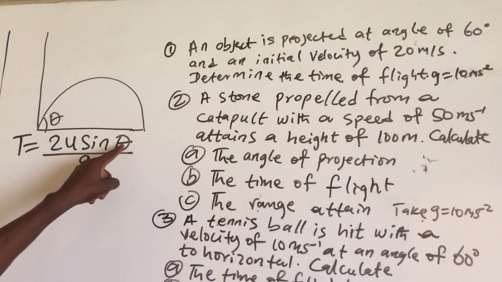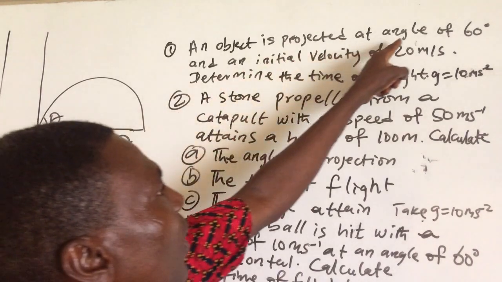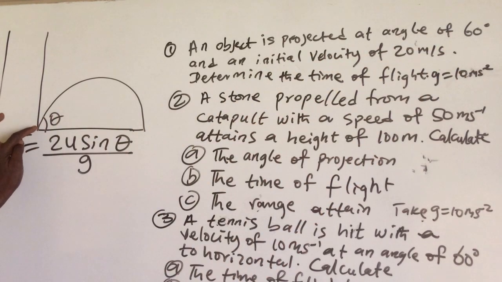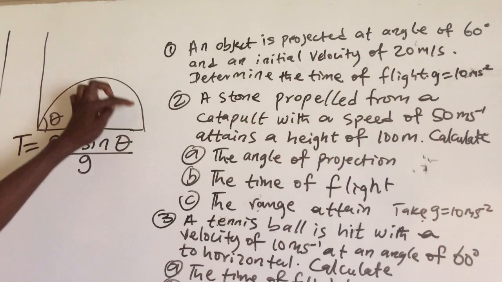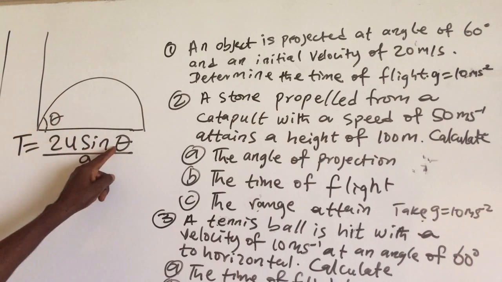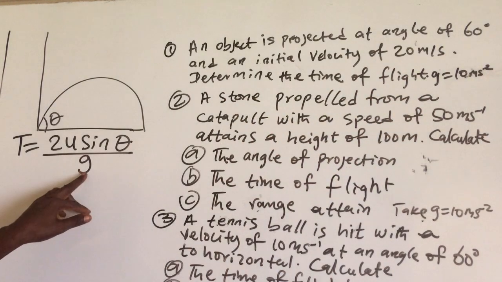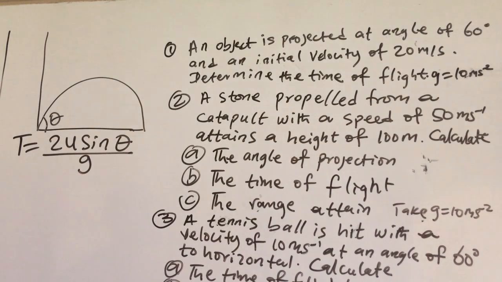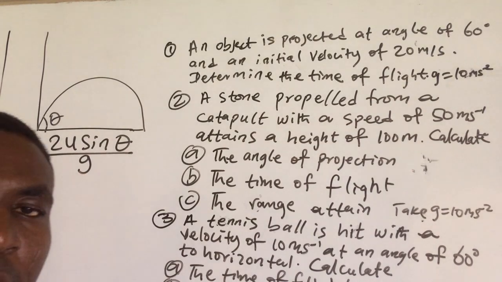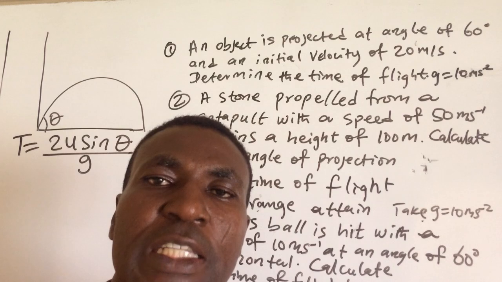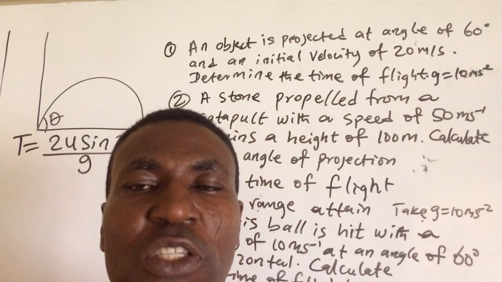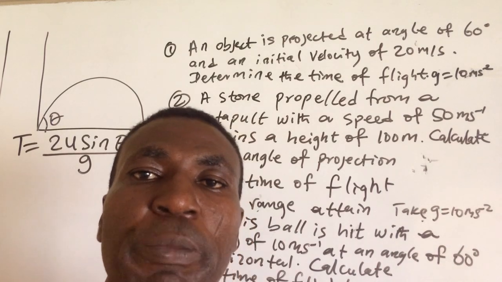Then this theta here stands for the angle of projection, like the angle between the horizontal and the movement of the object, which we say is 60 degrees. Then g here is acceleration due to gravity. It is constant. It is 9.8, but approximately 10. And the question says we should take g to be 10.